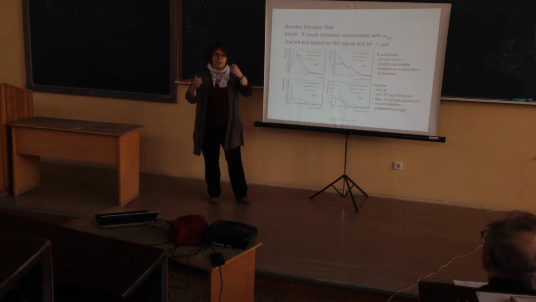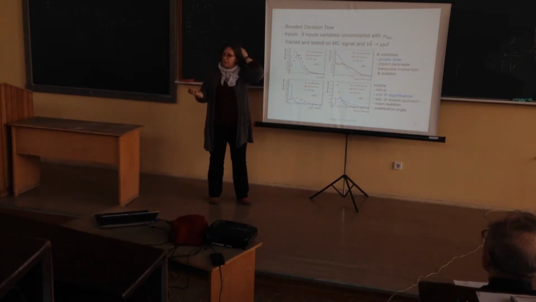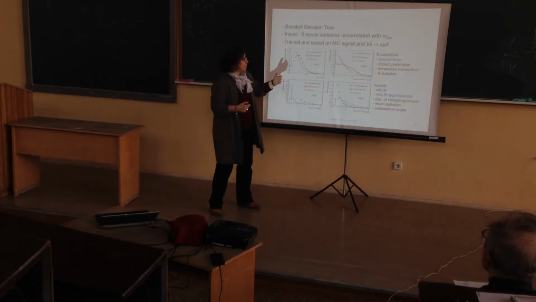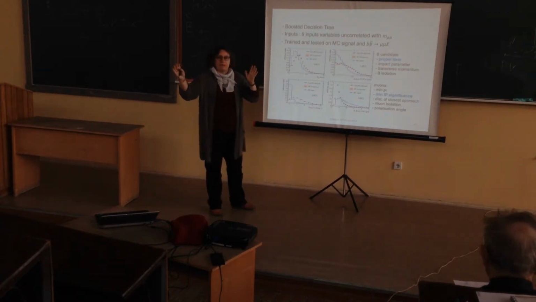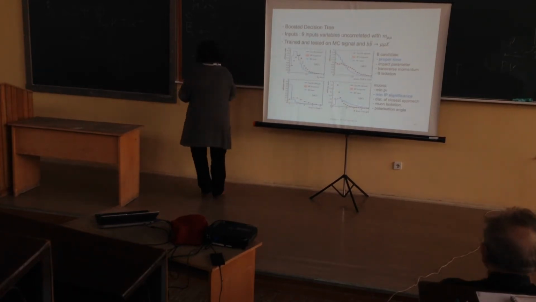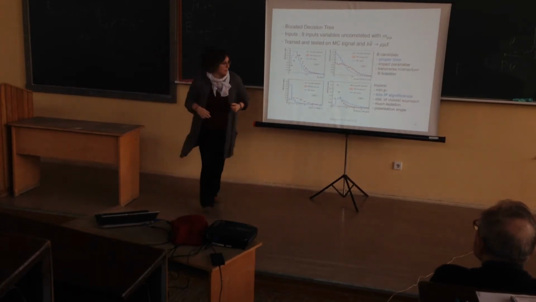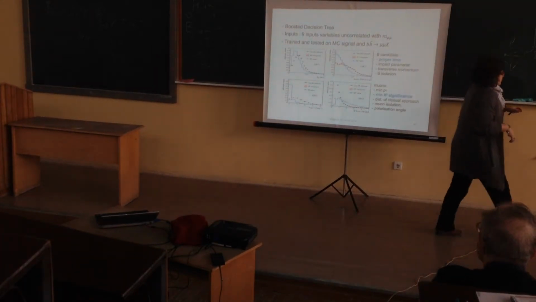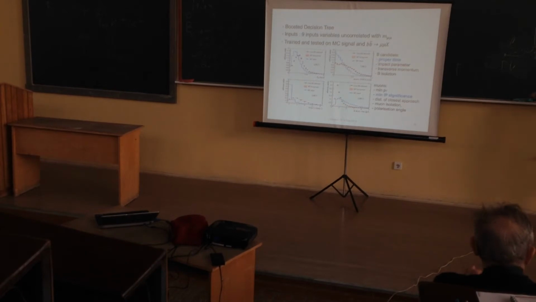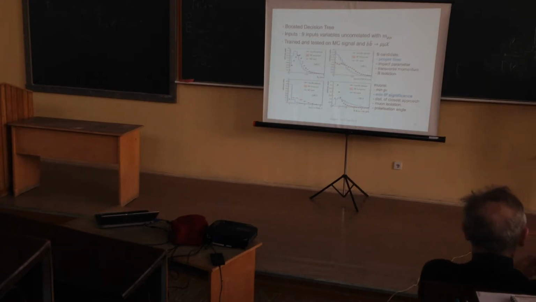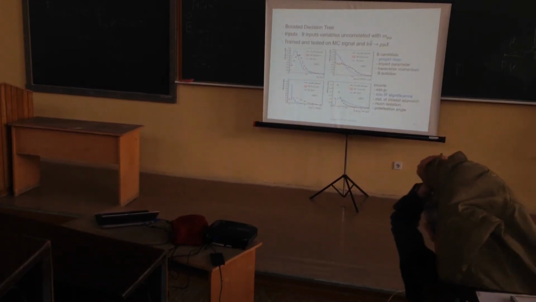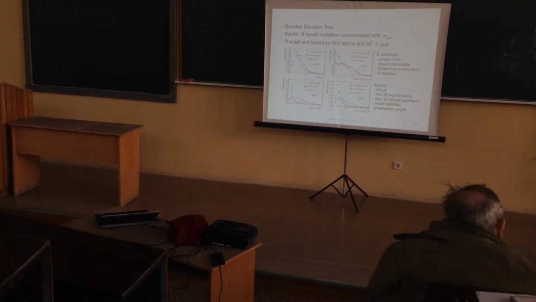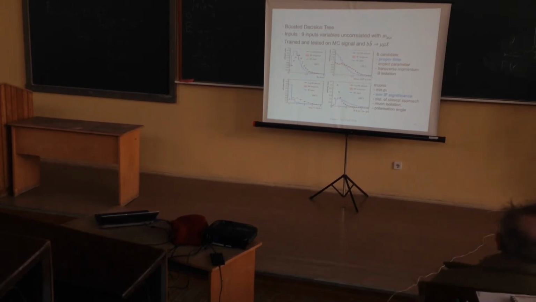These are background data that you take from the B sideband. I already drew yesterday this sidebanding. So when you reconstruct an invariant mass here, so you reconstruct the B invariant mass.